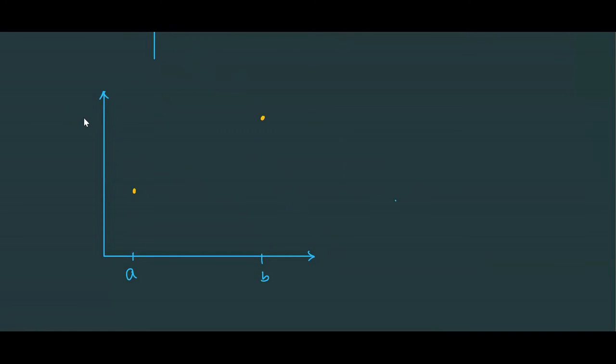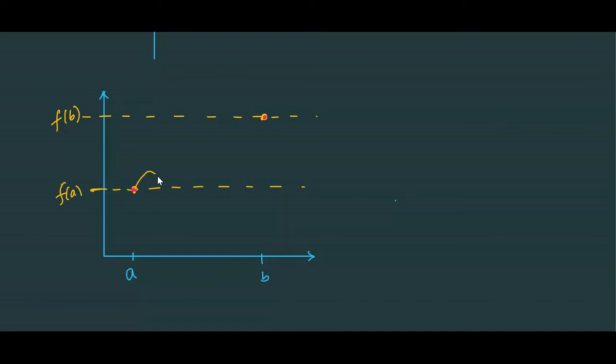What the intermediate value theorem says is the function is continuous, so we have to join this point and this point without lifting the pen.